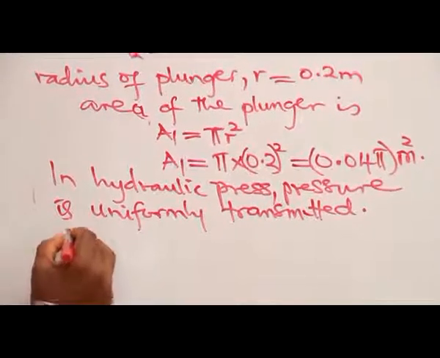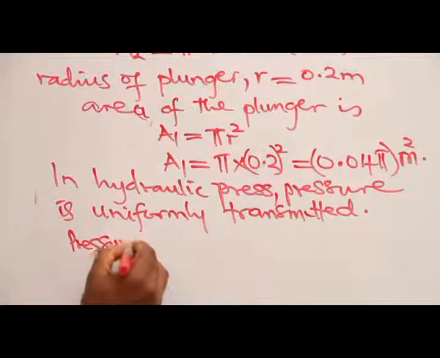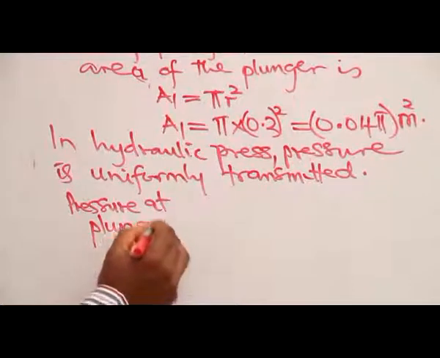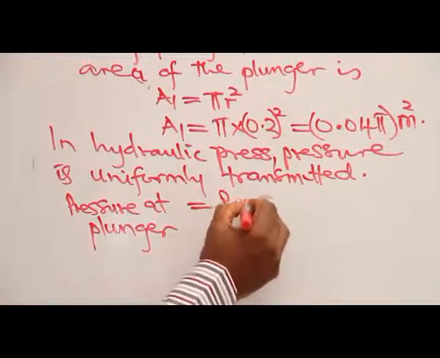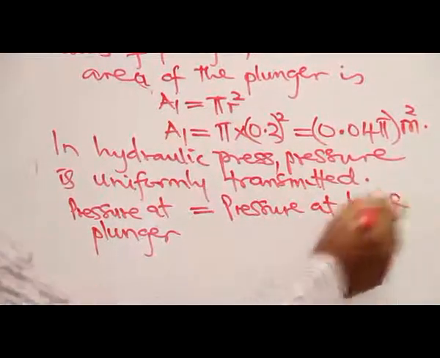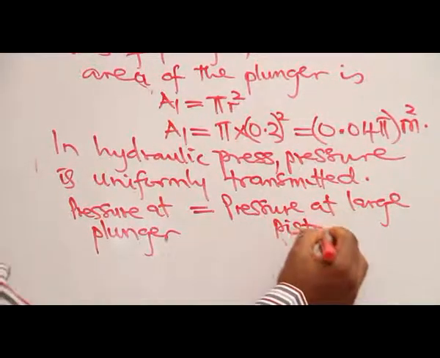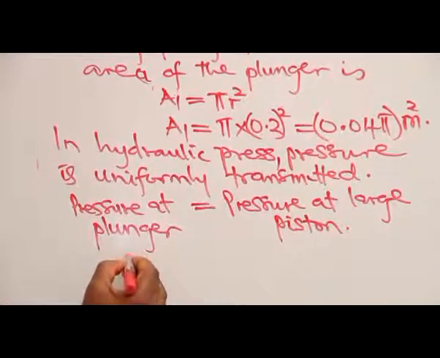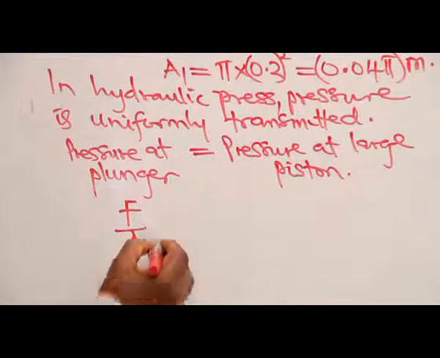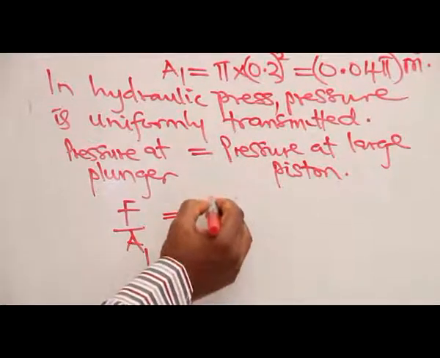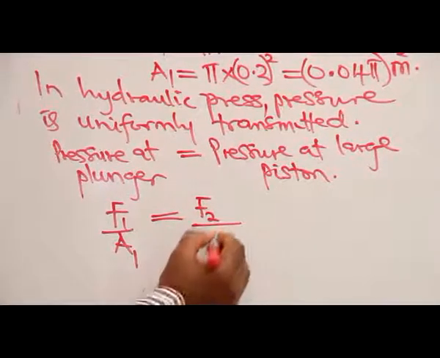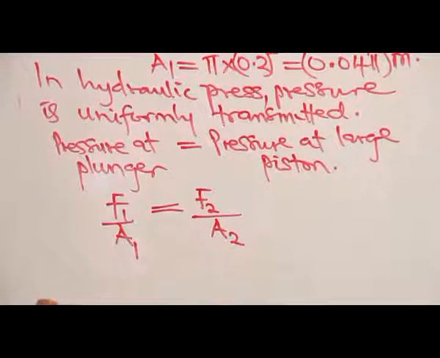Therefore, pressure at plunger is equal to the pressure at large piston. And that pressure is force over the area of this plunger is equal to the force at the large piston divided by the area of the large piston.